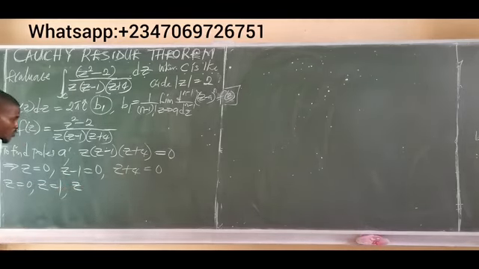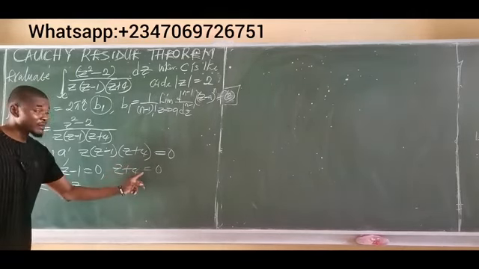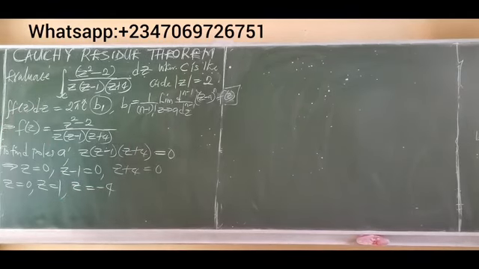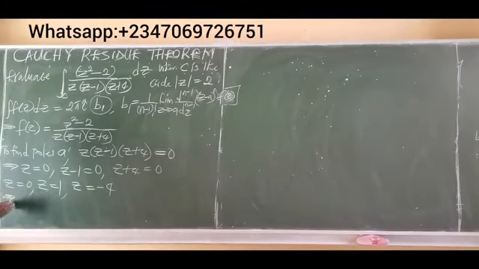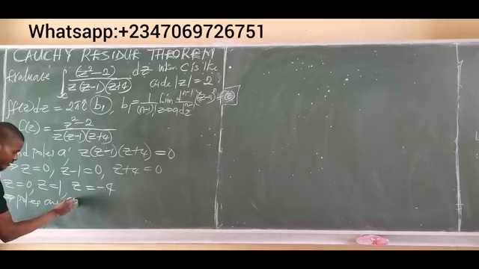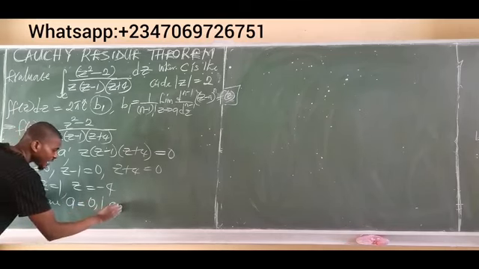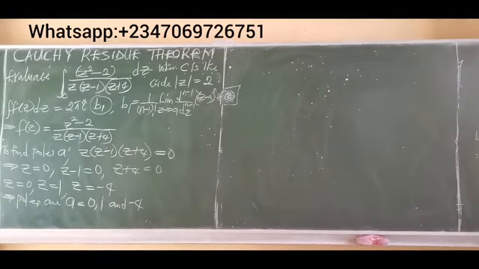Finally, z plus 4 equal to 0: positive sign becomes negative, so I have z is equal to minus 4. This implies that the poles are a equals 0, 1, and minus 4. So a stands for the poles.